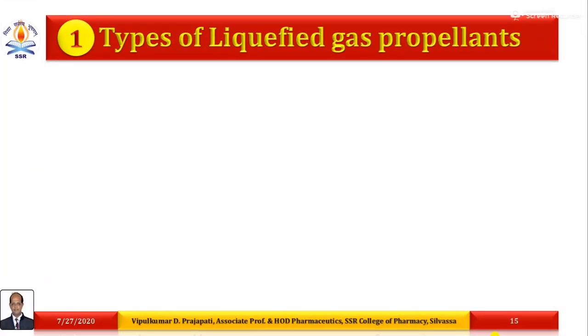So after discussion of chlorofluorocarbon and the next availability of hydrofluoroalkanes, it is required to understand that chlorofluorocarbons damage the ozone layer of the earth, hence its substitute hydrofluoroalkanes are used.